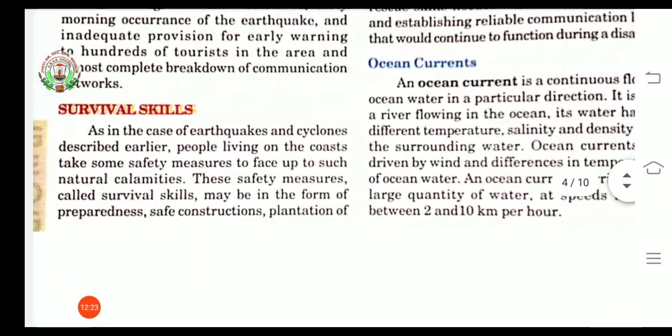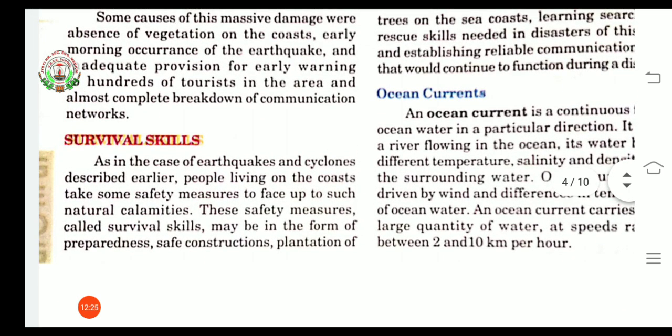Next is survival skills. Now, after knowing all these cases of earthquakes and cyclones, people who live on the coast take some safety measures to face such natural calamities.